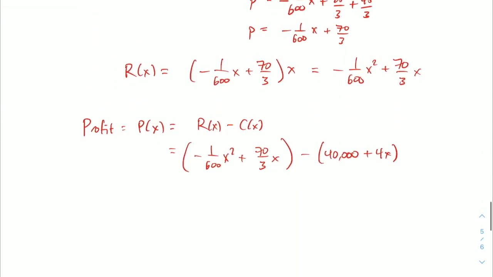Okay, if we simplify this, we'll get negative 1 over 600 X squared, 70 over 3 minus 4 is 58, right? So 4 is 12 over 3, and 70 minus 12 is 58.